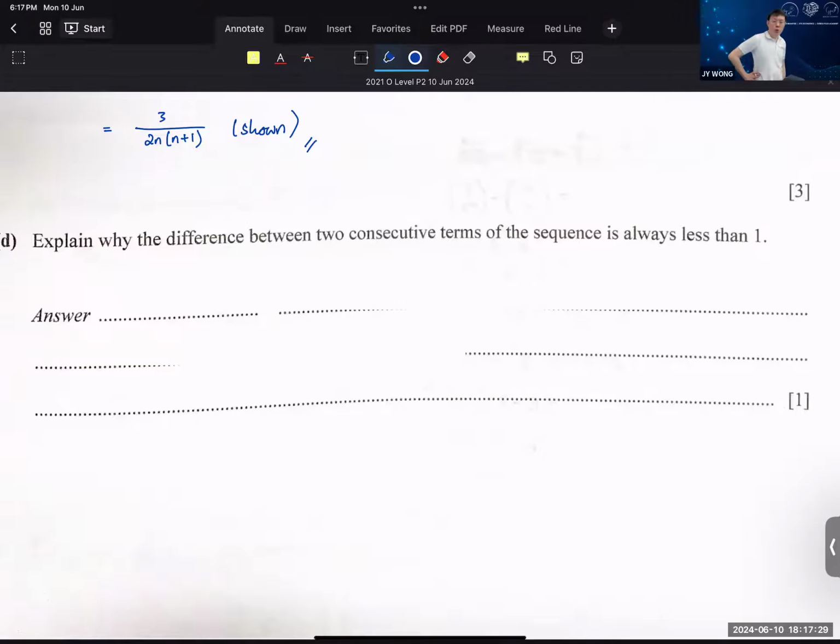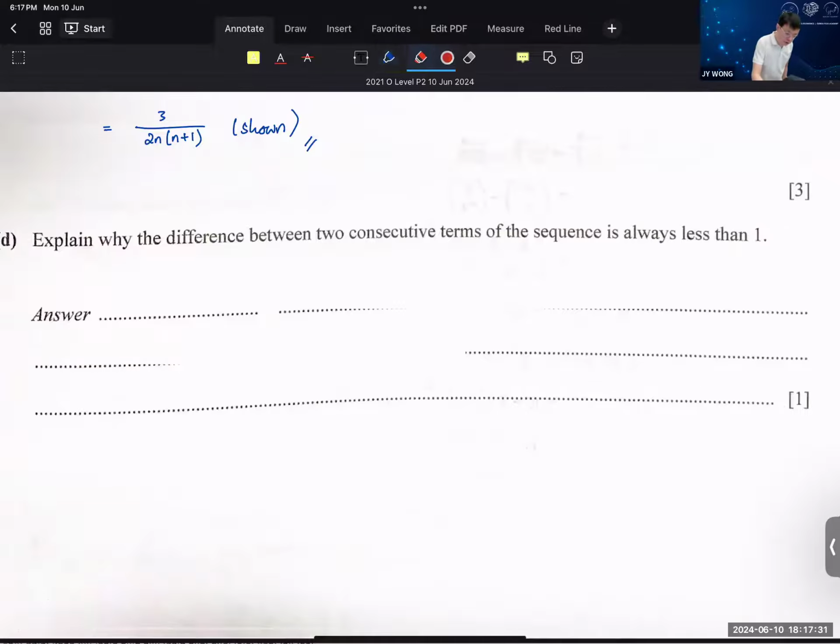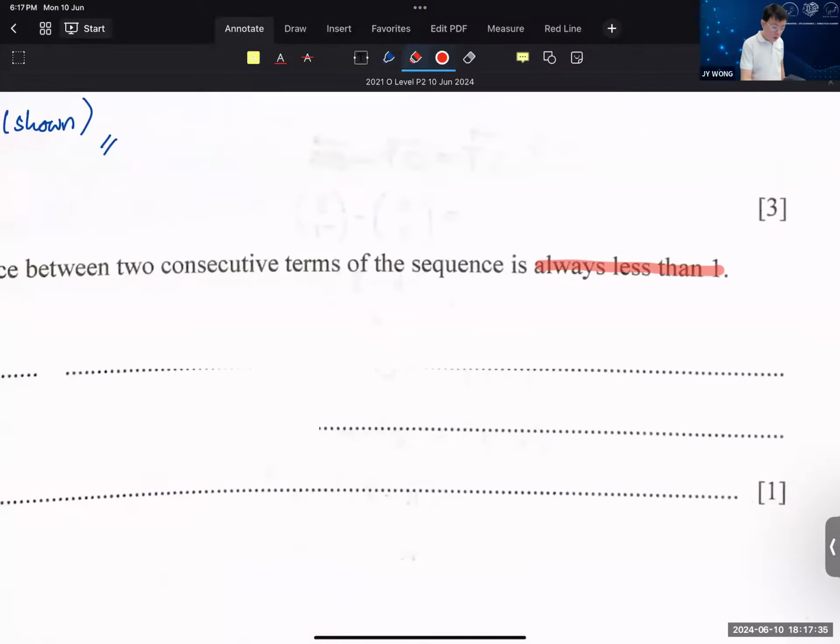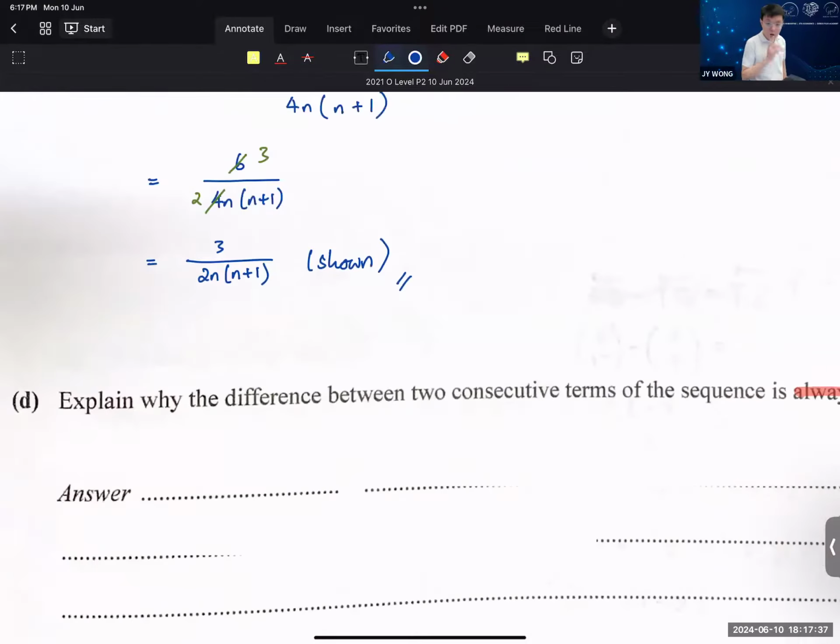How do we show that it is always less than 1? Obviously, you know that the answer cannot be negative. It's a fraction. It cannot be negative. You must understand that it cannot be negative first before you proceed.